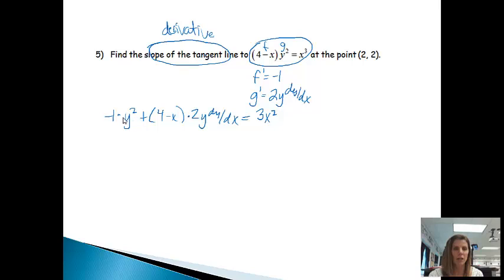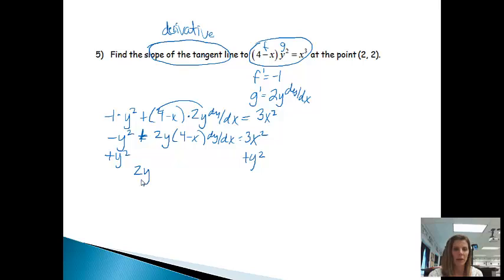I'm going to clean this up just a little bit. Negative 1 times y squared will just be negative y squared. And then this one, we usually like to write the 2y in front of the parentheses, so this will really be negative y squared plus 2y (4 minus x) dy/dx equals 3x squared. Sorry, there was supposed to be a plus there. All right, and then from here, if I want to solve for dy/dx, I will add y squared to both sides.